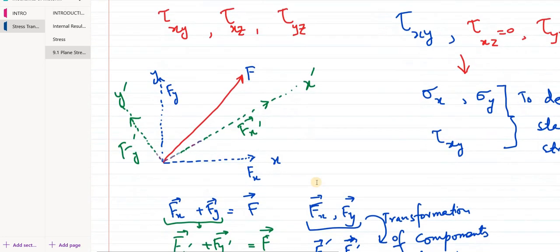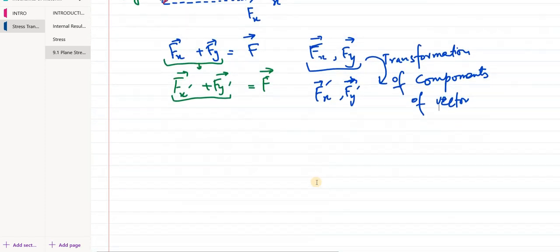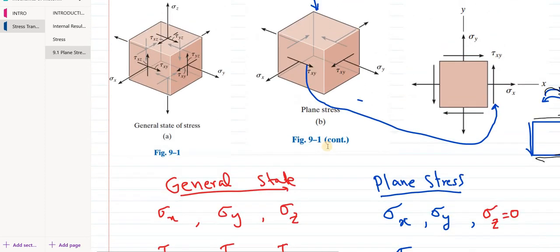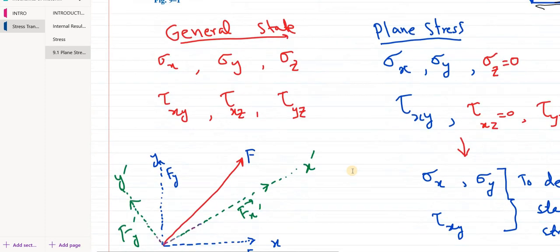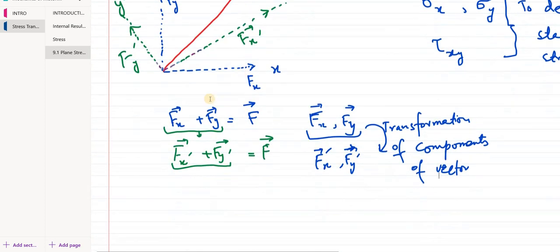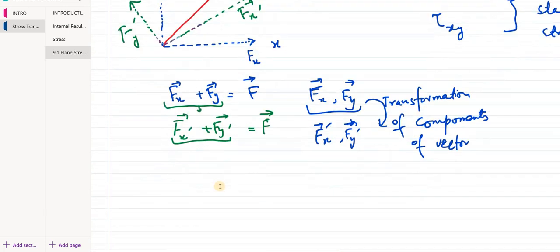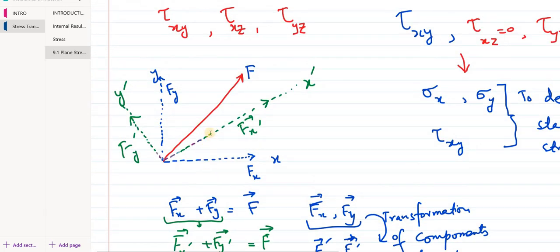The same principle, but at a bigger scale, is going to be used in case of stress transformation. Stress transformation is a bit more difficult compared to vector transformation because a vector in two dimensions could have two components, Fx and Fy, or Fx prime and Fy prime, or any other set of two components. But in 3D, it could go to a maximum of 3 components.